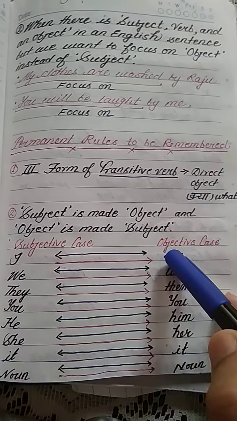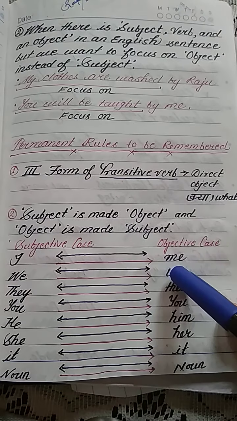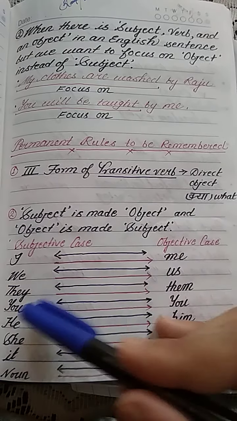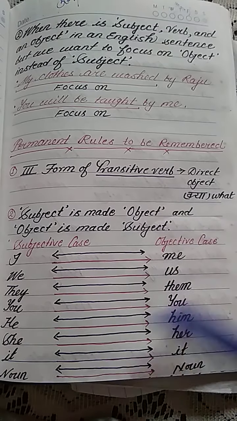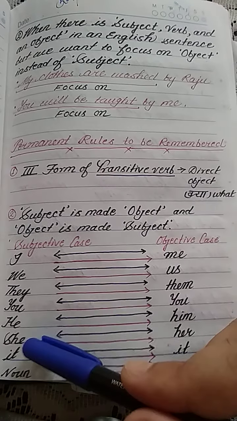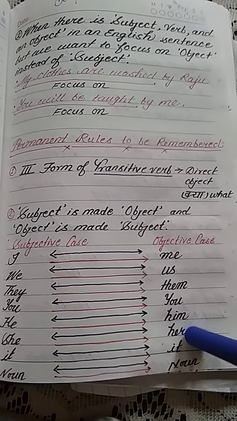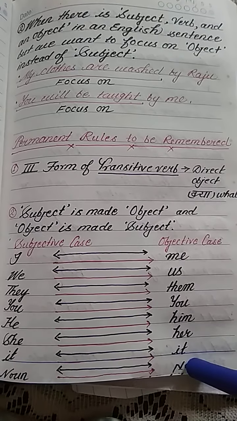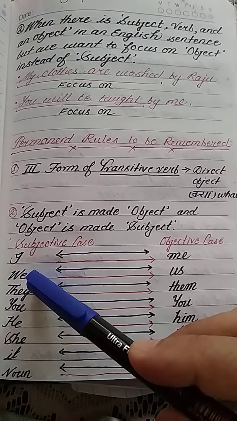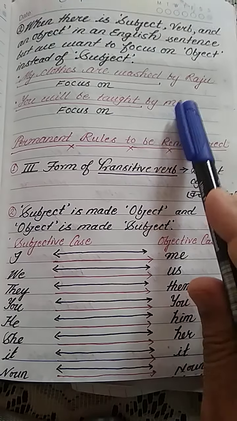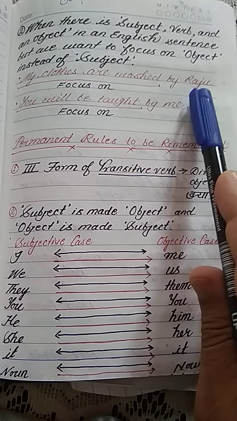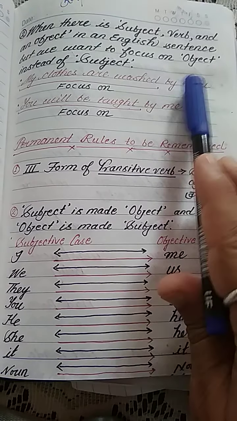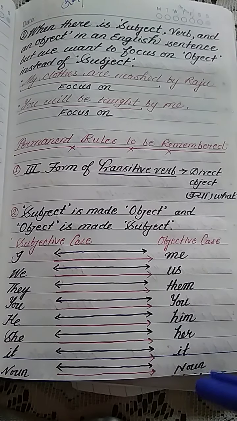When they are converted into object, I will become me, we will become us, they will become them, you will remain you, he will become him, she will become her, it will become it, and noun, that means name, will remain name. There will be no changes in name. When you convert the subject, look at Raju. Raju has been converted here into object, but there was no change in the name of Raju. Raju will remain Raju. Noun will remain noun.